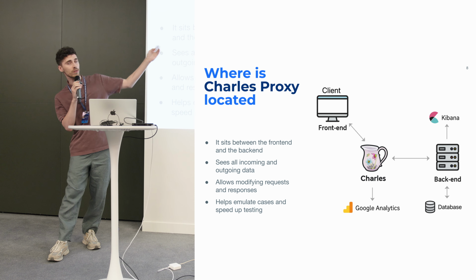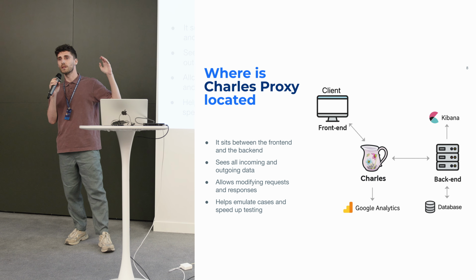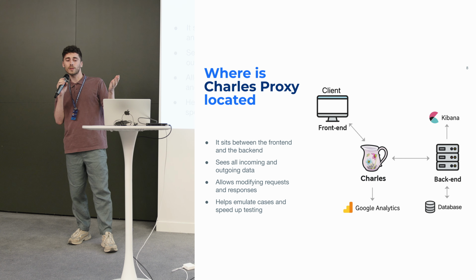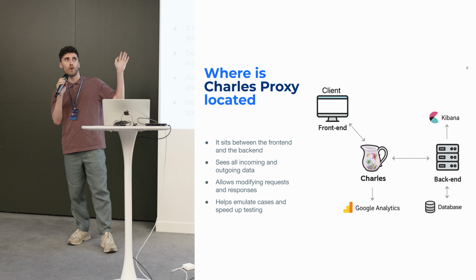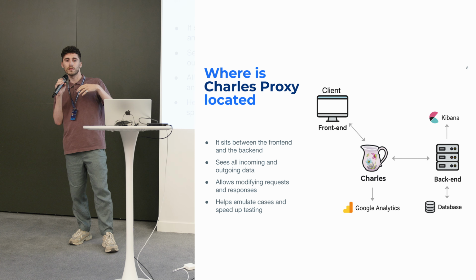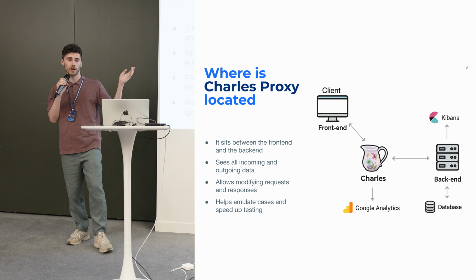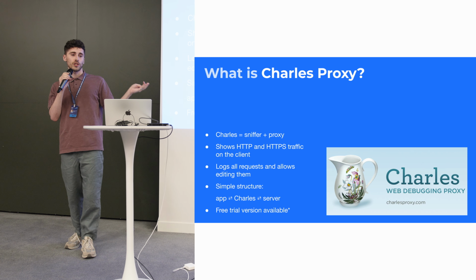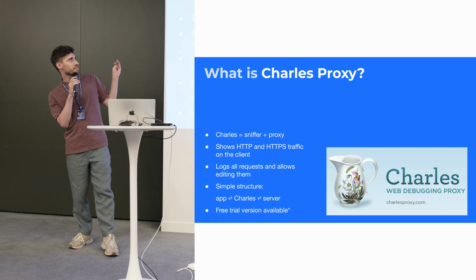All these arrows on the scheme are API requests, and Charles Proxy sees all the HTTP and HTTPS traffic that is sent from the front-end and that goes from the backend to the front-end.